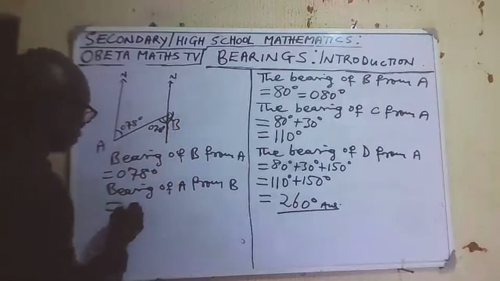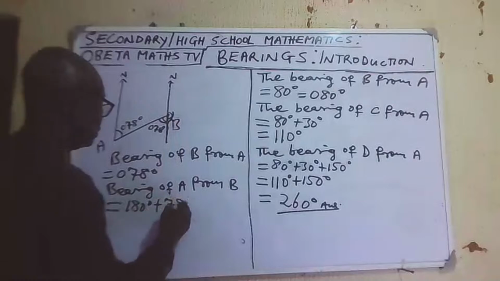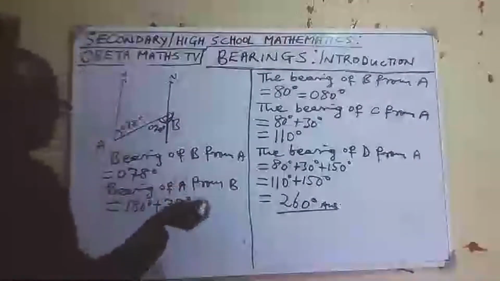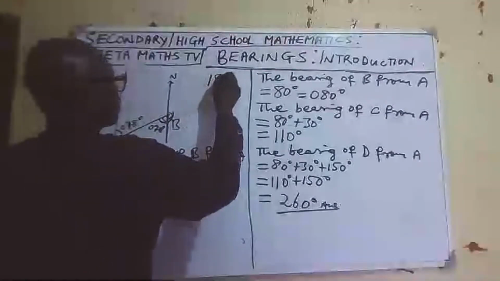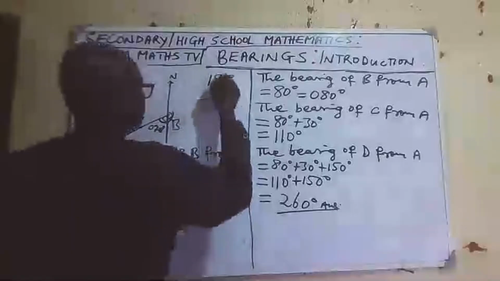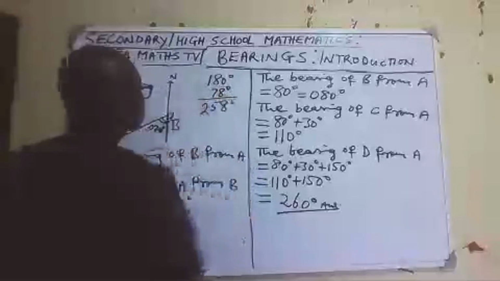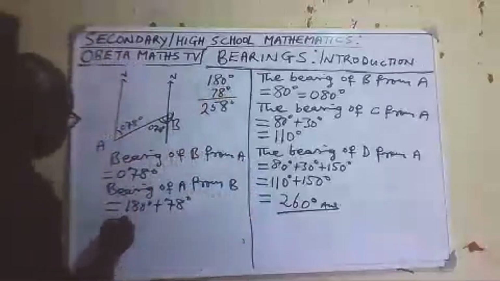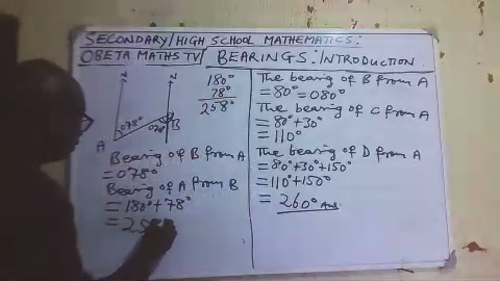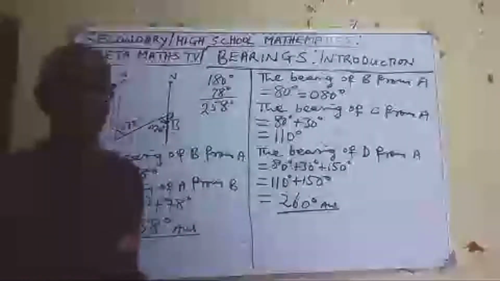That means we are talking of 180 plus 78 degrees. You add that, 180, 78, and that is 258 degrees. So that is about that.